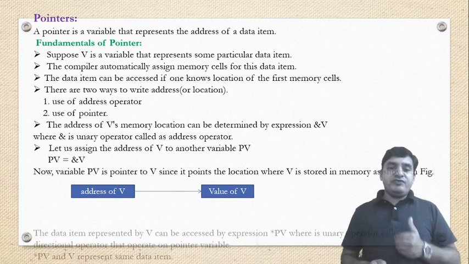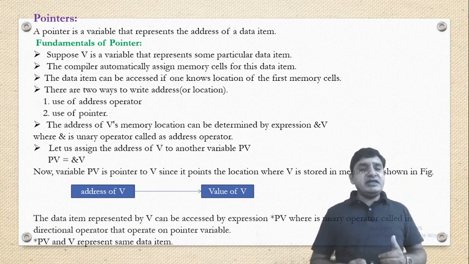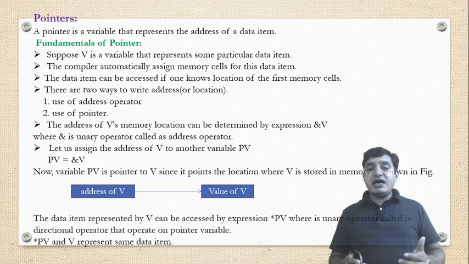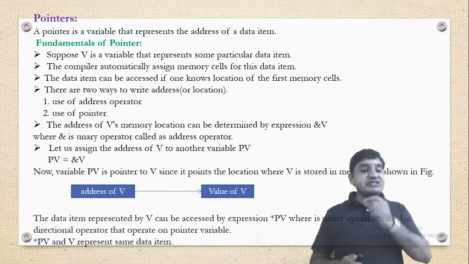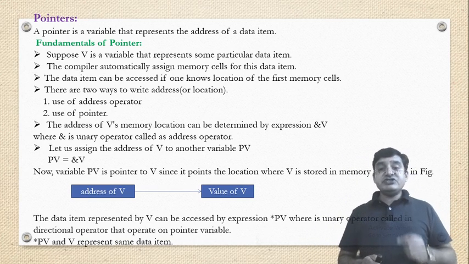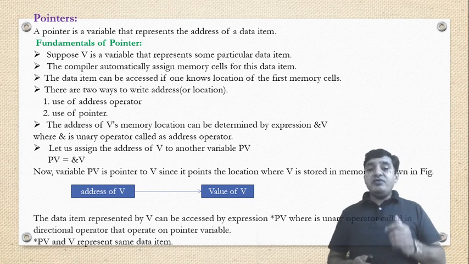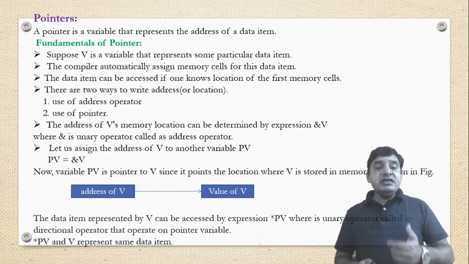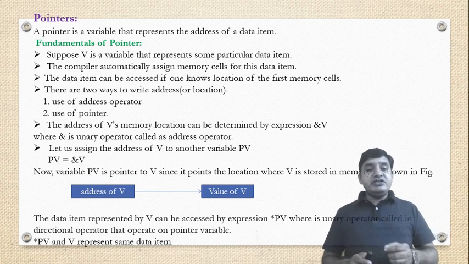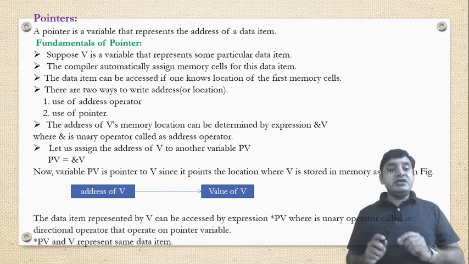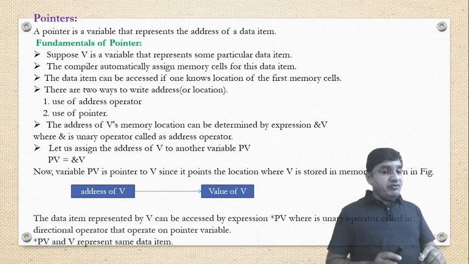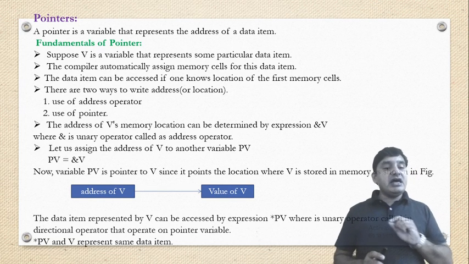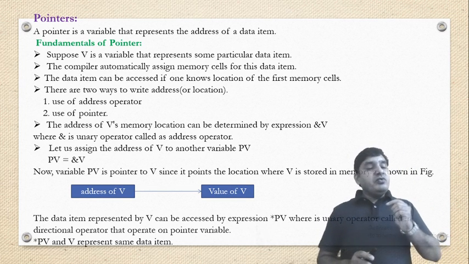Now the value of V. The data item represented by V can be accessed by the expression *PV, where star means asterisk, the unary operator called the indirection operator, which operates on a pointer variable. *PV and V represent the same data item.